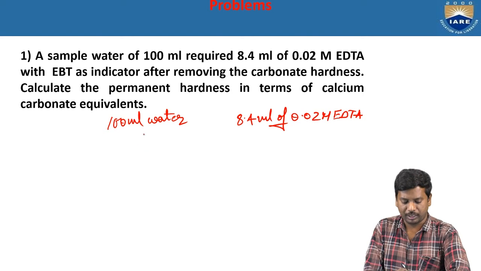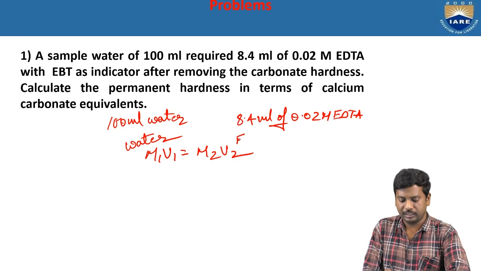Now by using the formula M1V1 is equal to M2V2, the left side is considered as water and the right side as EDTA. So M1 into 100 is equal to M2, nothing but 0.02 into 8.4.